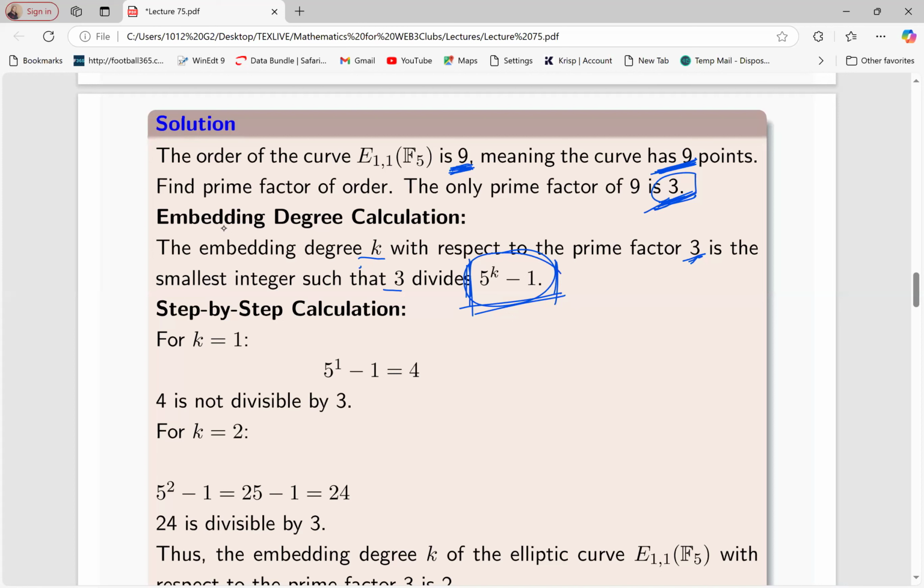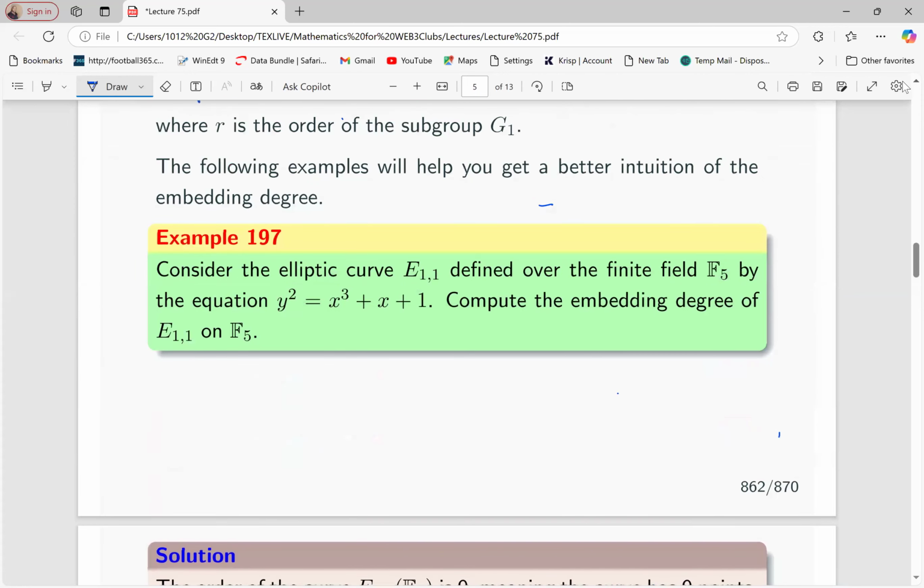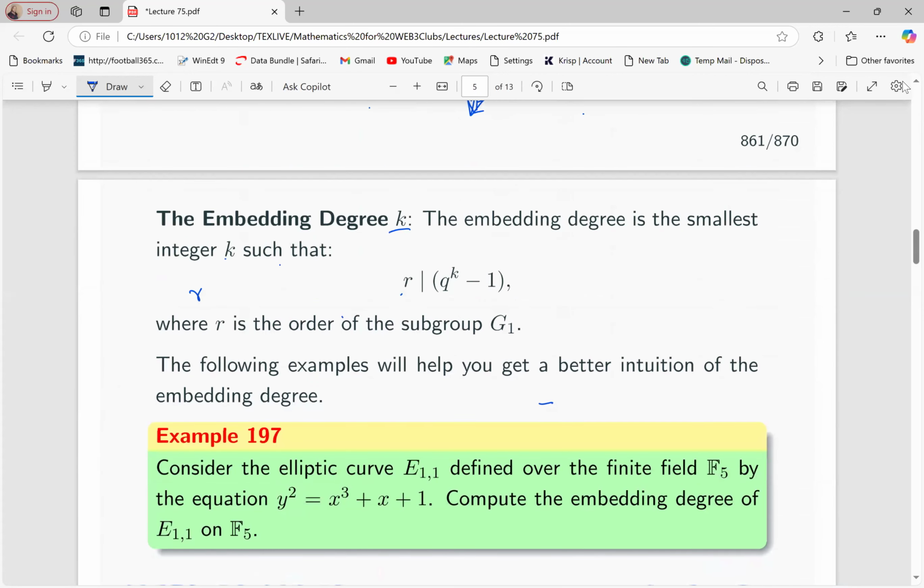Those are our R. That is what I think I need to change here, so that R becomes the prime numbers that divide the order of the group.